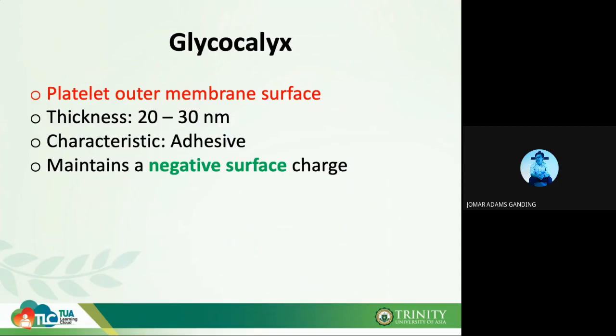to your blood vessel. That is the reason why during breakage, injury, or damage in your blood vessel, the first thing your platelets do is adhere. Once your platelets are activated, they start to adhere to the blood vessels or wherever the site of injury is.